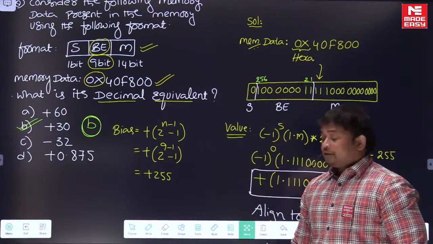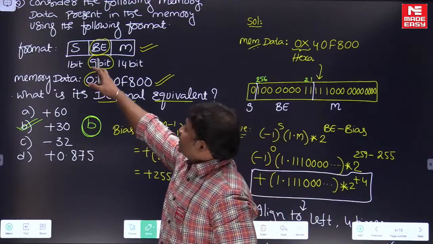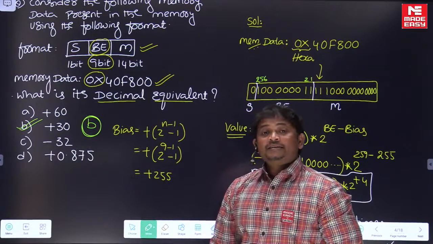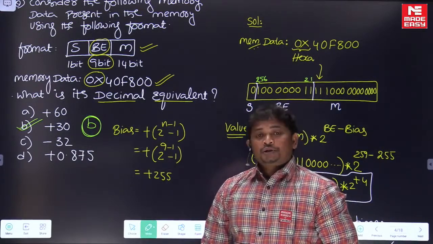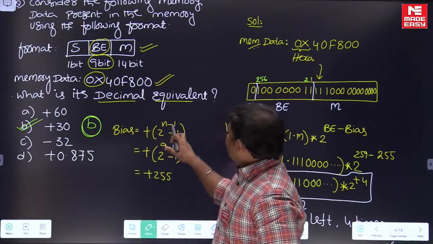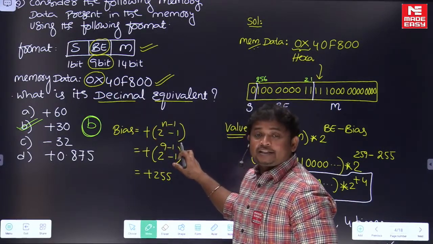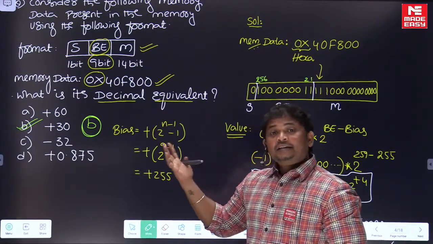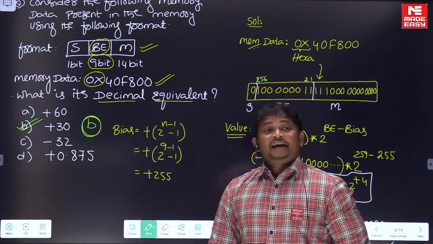No, because in this question, they gave the format with a normal bias. Normal bias is the maximum possible positive exponent. So here plus 2 power n minus 1 minus 1 is the maximum possible positive exponent. That is the bias.